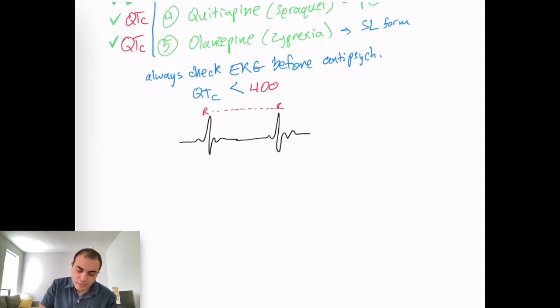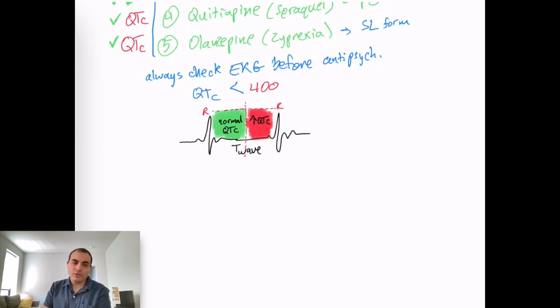You take the middle of this distance, and if the T wave is before this middle, you're good. If the T wave is on this side, it's high. This is like a quick trick. So this is high QT. This is normal. You look at the T wave.